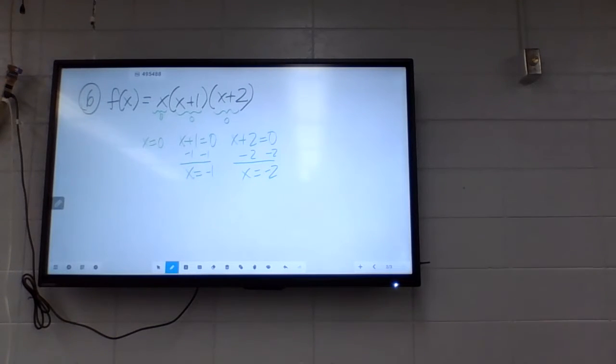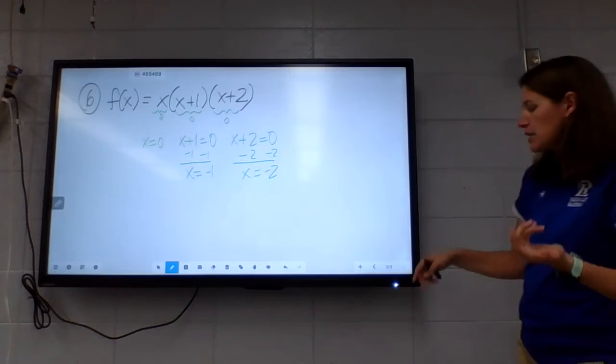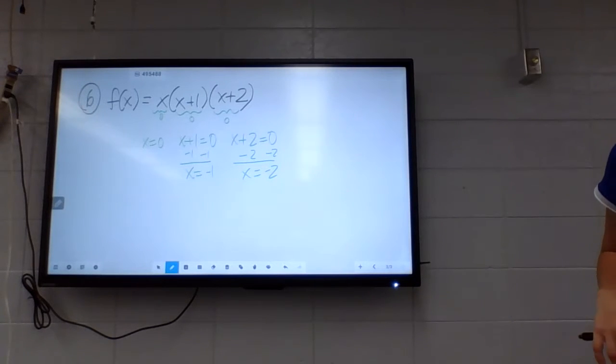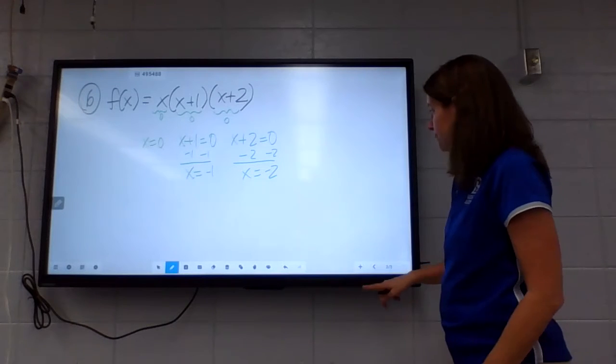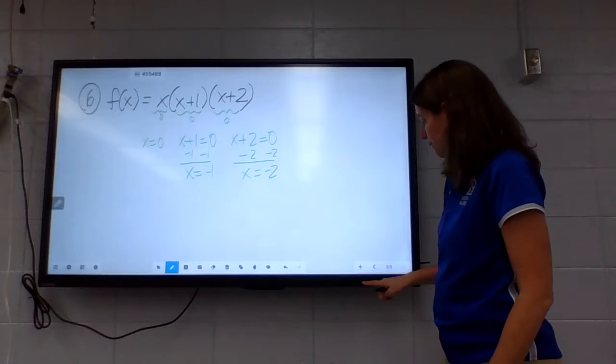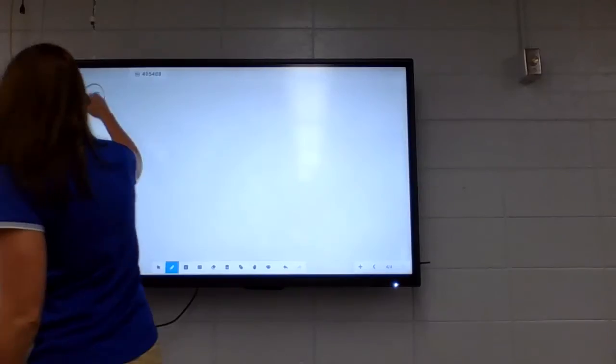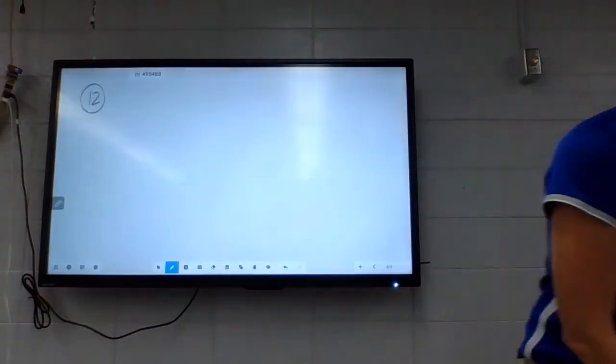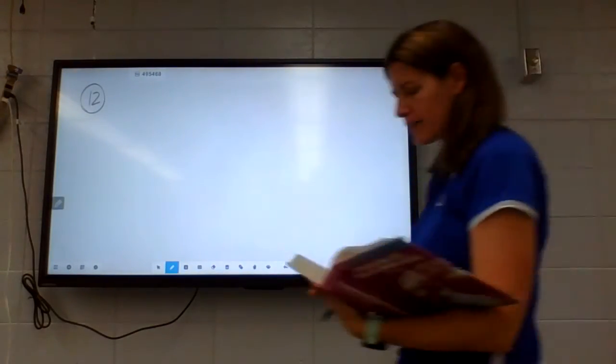All right, so number 12 is our log one that we need to use chunking for. Again, we did one similar to this in our notes, but obviously solving with logs and factoring, and there's a whole lot going on there. So it's log base 2 of x.